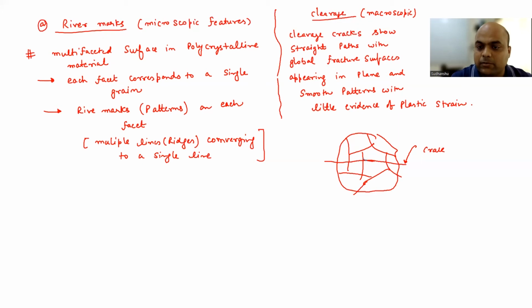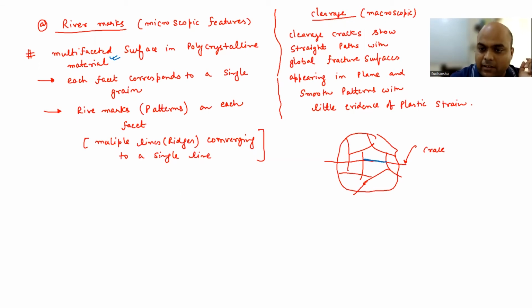So say this particular grain, this is a facet. If you just break this into two parts, you are going to see a very smooth surface, that is a facet. And that is what I have mentioned here, that you are going to have a multifaceted surface in polycrystalline material. Since this is a polycrystalline material, it is going to contain lots of grains, right? So you are going to have multifacets in the fracture surface, and each facet will correspond to a single grain.